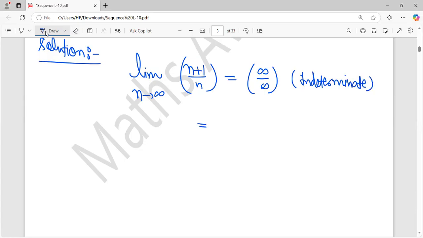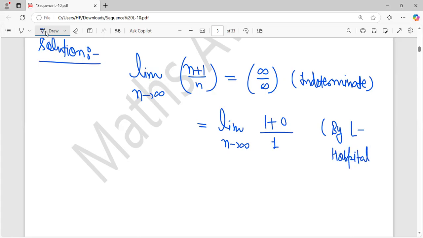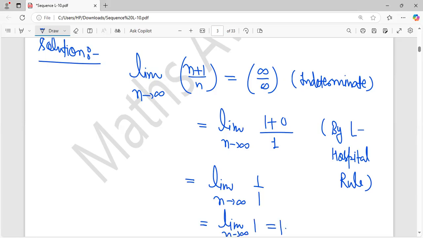So we can write it using the L'Hopital rule: take the derivative of the numerator, which is 1, and of the denominator n, which is 1. So the limit as n tending to infinity of 1/1 is equal to 1.